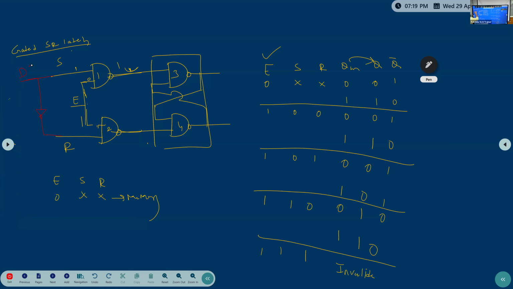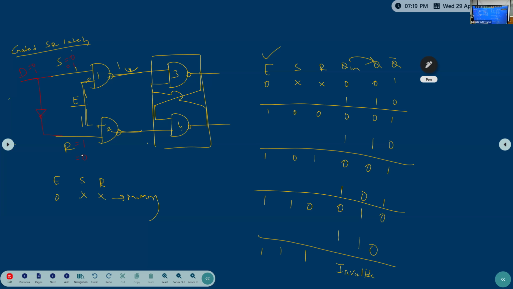D equal to 0: S becomes 0, R becomes 1. D equal to 1: S becomes 1, R becomes 0. Means only two cases will be executed.